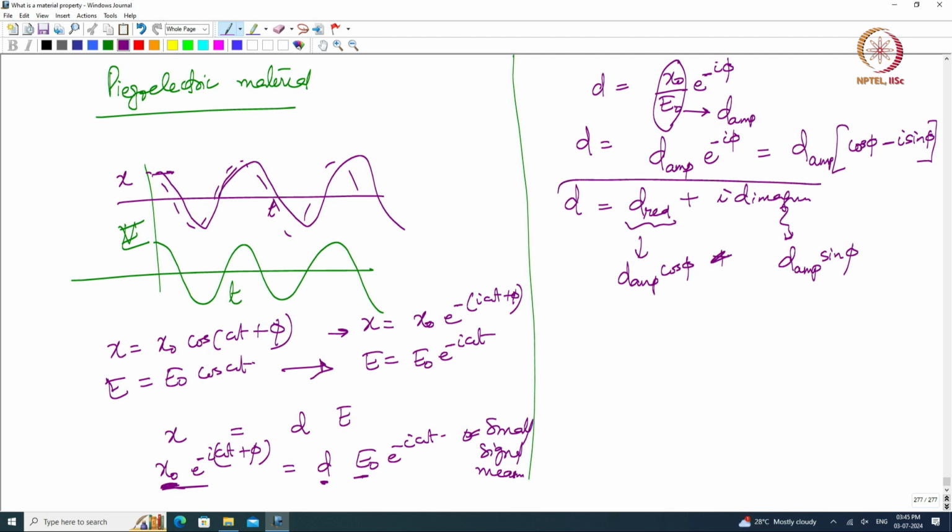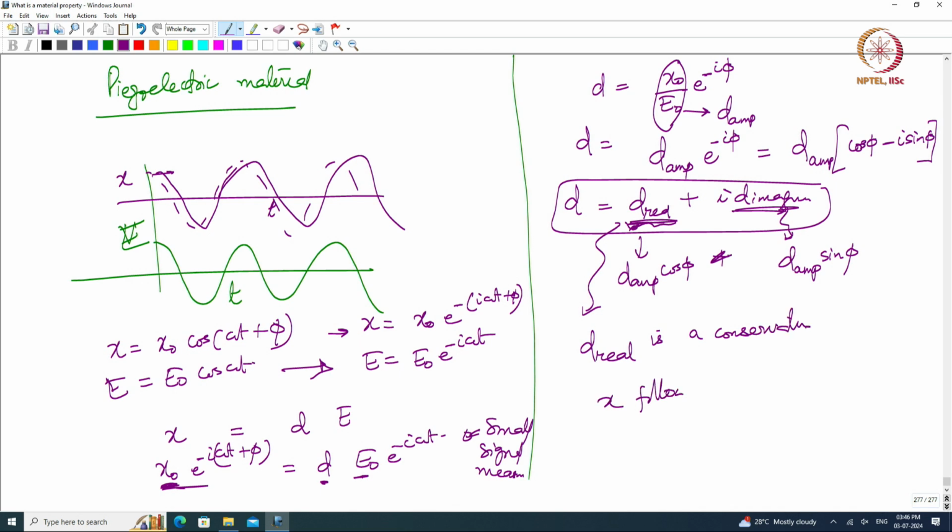My property, I am putting this phase difference in the property itself. My property has a real part and an imaginary part. Now, if the imaginary part is 0, that means phi equal to 0. If the imaginary part is 0, then this is a very conservative property. d real is a conservative property. Here x follows E, x is in phase with E.